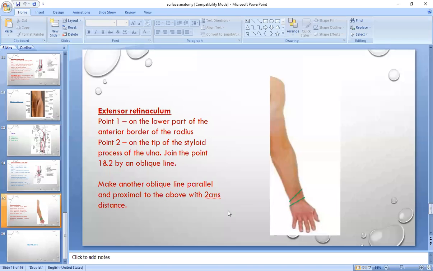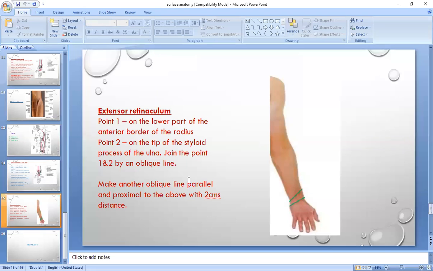Beneath this extensor retinaculum, we have altogether 6 compartments, and within these 6 compartments the 9 tendons are arranged. So what are those compartments? The 6 osteotendinous compartments are also an important question for exam purposes. These are the surface markings of the extensor retinaculum.